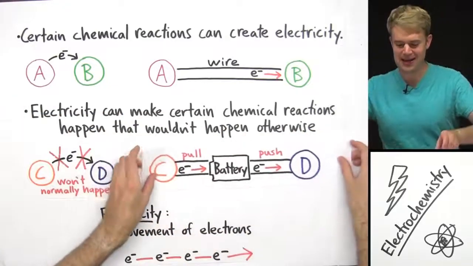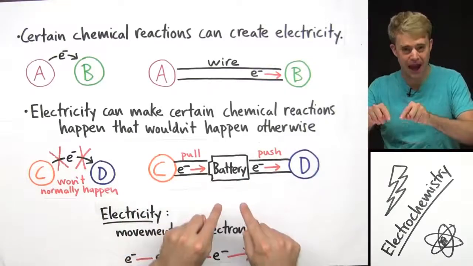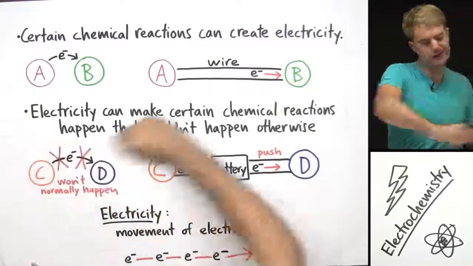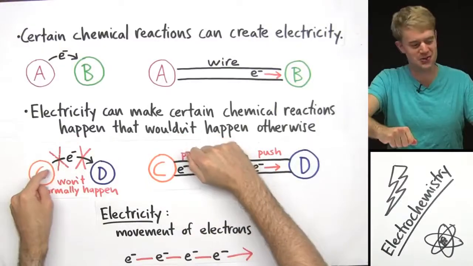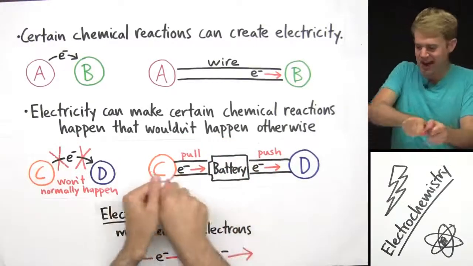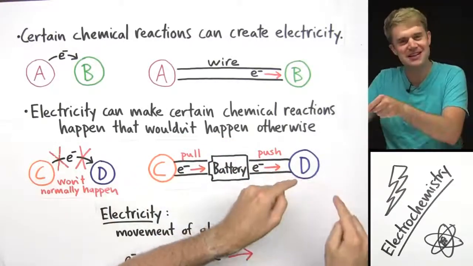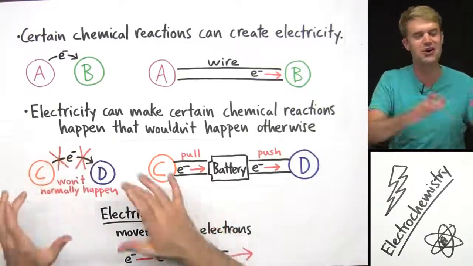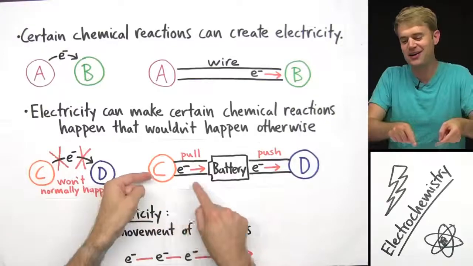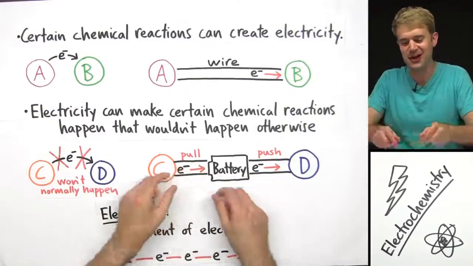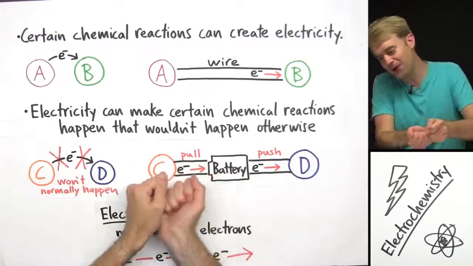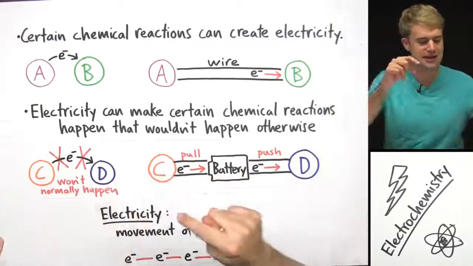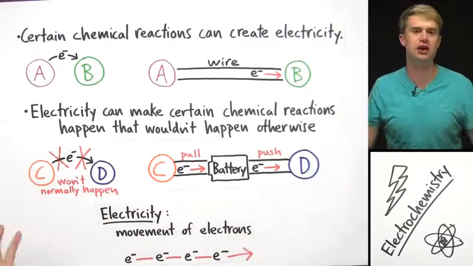We can take the electrical energy from a battery and use that to pull the electrons from C and push them to D. So even if the movement of electrons doesn't normally happen, we can use the electrical energy of this battery to pull and push the electrons to make this reaction happen.